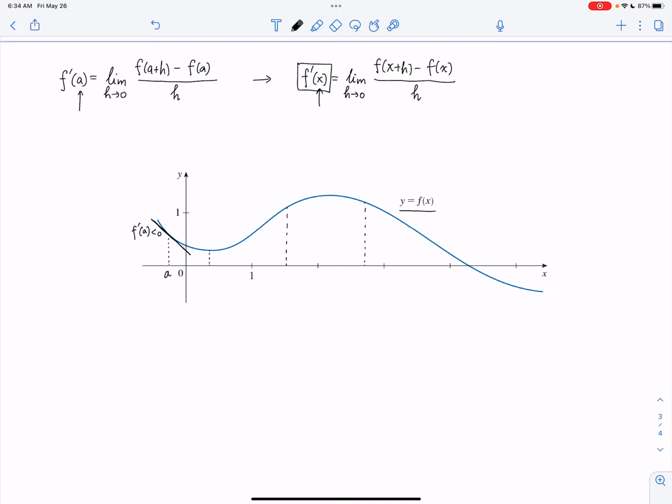Now, if you choose another point, say this one, you draw the tangent line, which should be like this, and it's positive because the tangent line has this upward trend. So the derivative is positive at this point. Now, at some other point, say here, okay, so that's like 2.1 or something. If you make the tangent line, it's actually flat.